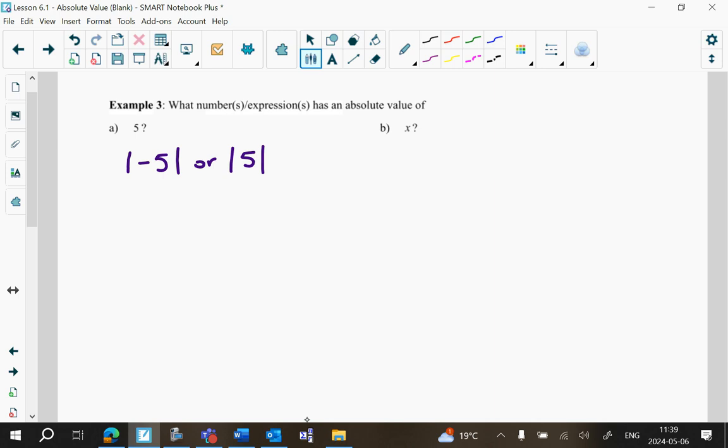The student is saying it could be this, but it can also be this. Right. But you're saying the absolute value of negative 5 is 5, and "and" would work in this case, but not every case. That's a good question.